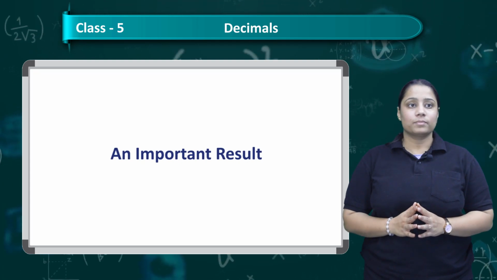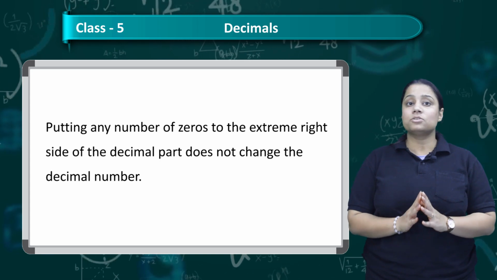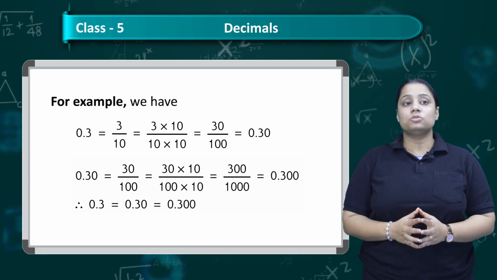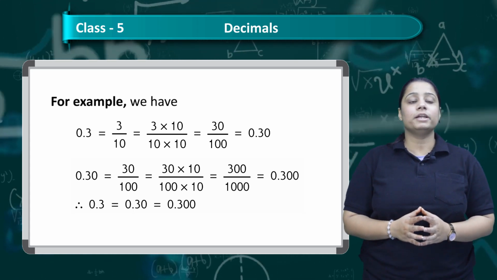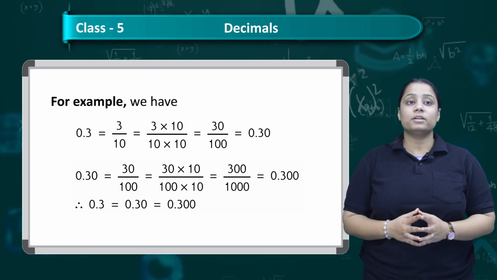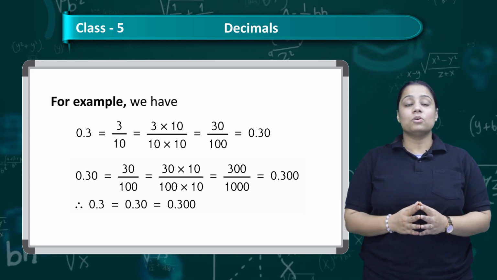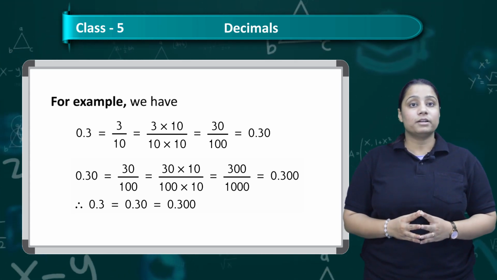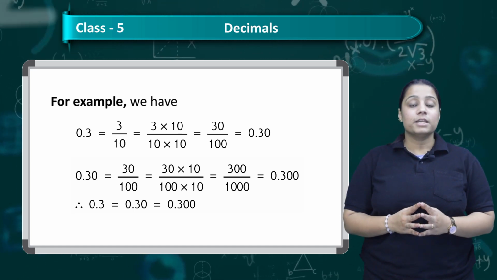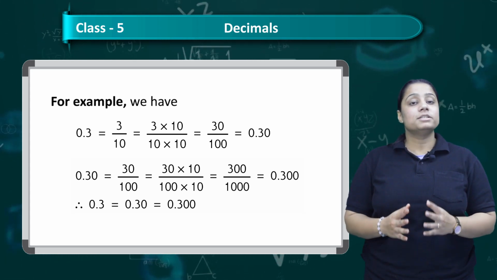An important result: putting any number of zeros to the extreme right side of the decimal part does not change the decimal number. For example, 0.3 equals 3 by 10, which equals 3 into 10 divided by 10 into 10, which makes it 30 by 100, which equals 0.30. On the other hand, 0.30 equals 30 divided by 100, which equals 30 into 10 divided by 100 into 10, equals 300 divided by 1000, which makes it 0.300.